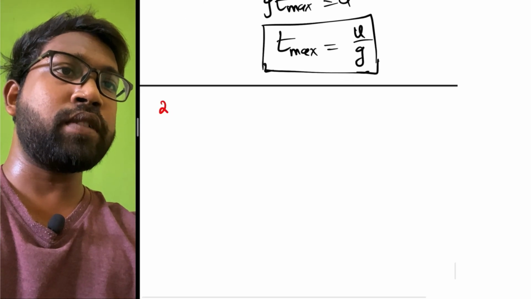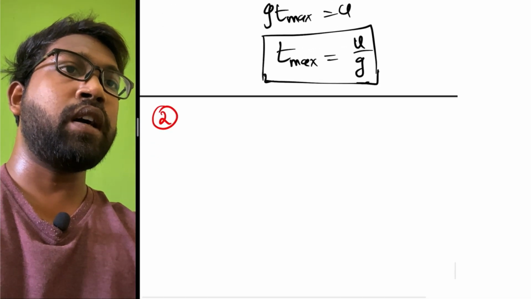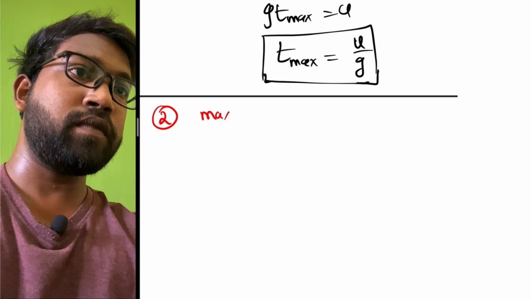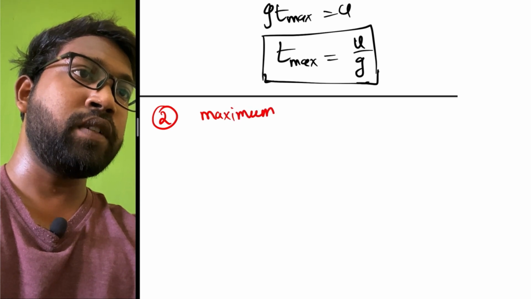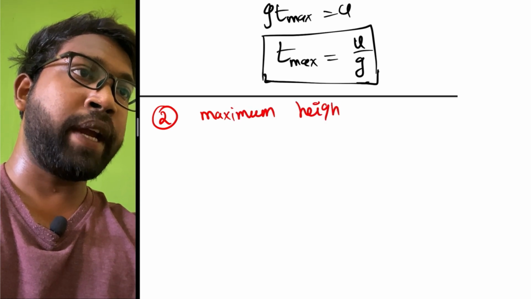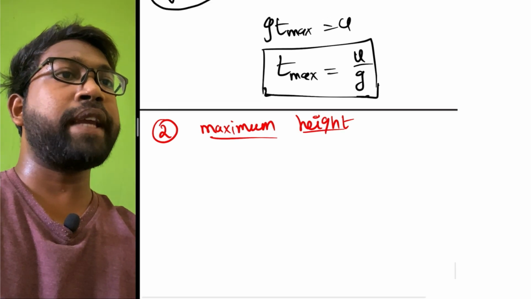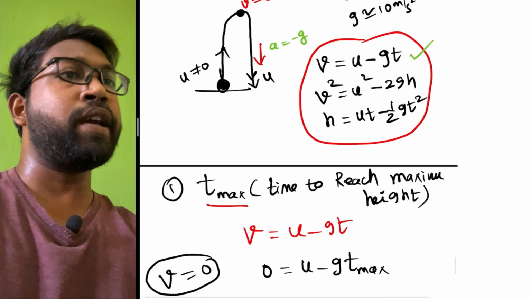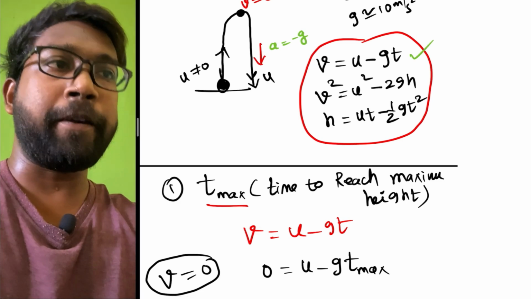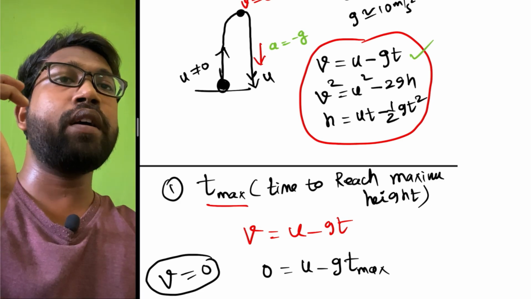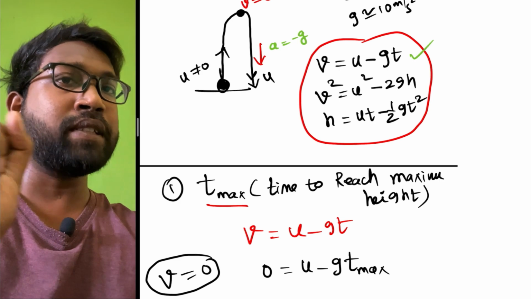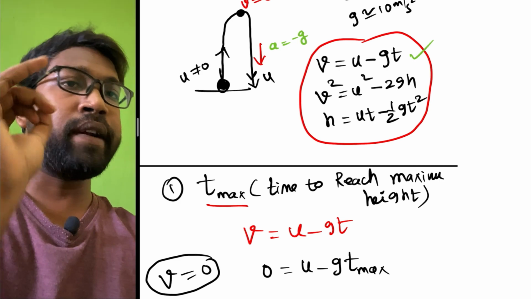So I am going to derive another thing. The second one I want to derive is the maximum height the ball will reach, maximum height, okay? Let me take the equation. For this scenario, think which equation you have to take. You have information about initial velocity, final velocity and gravity, right?